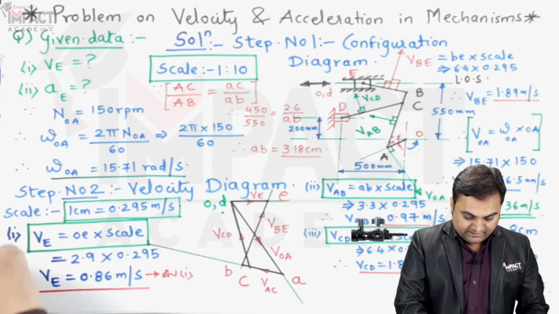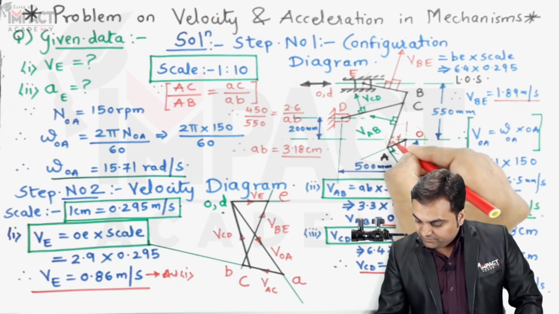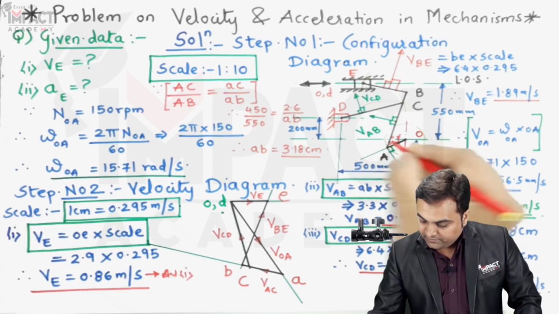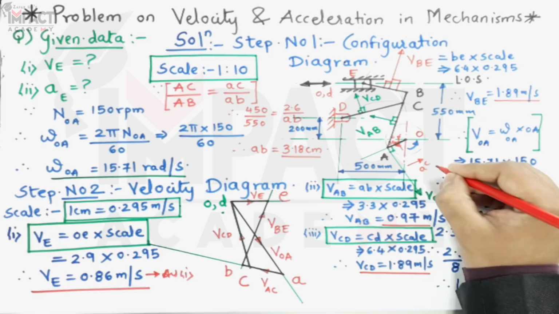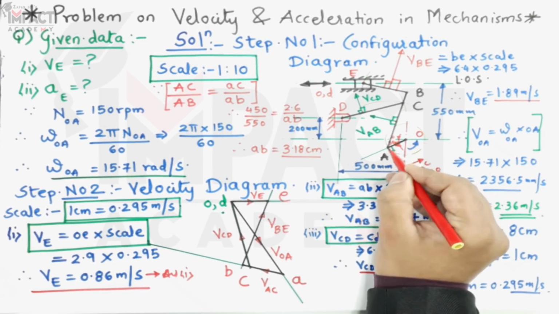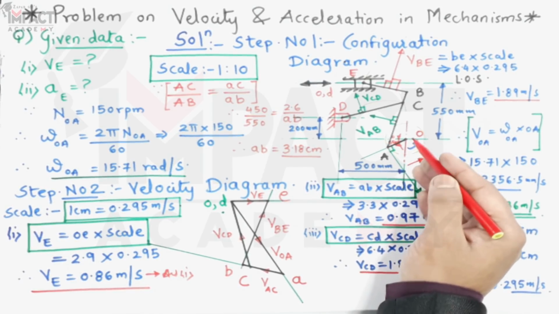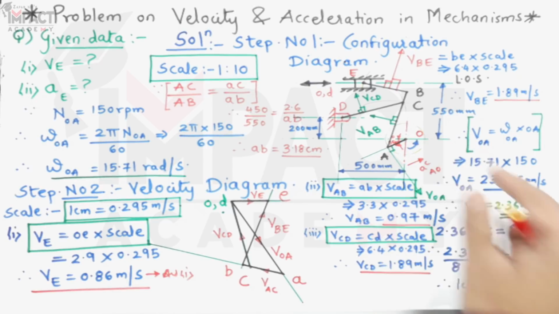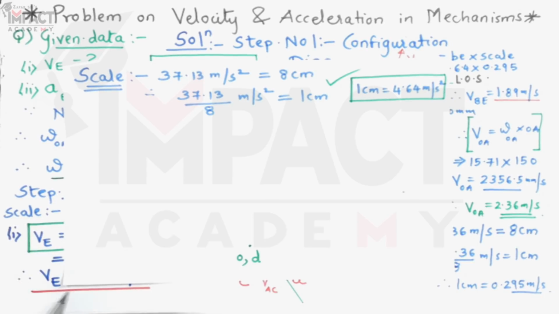So the centripetal acceleration for OA would be passing to its center, that is A towards O. It would be like this, centripetal acceleration of link OA, which is A towards O because it is pointing towards the center. So now we know the direction of the centripetal acceleration. So drawing a line parallel to OA from the fixed points, which are O and D, with the help of a light line.